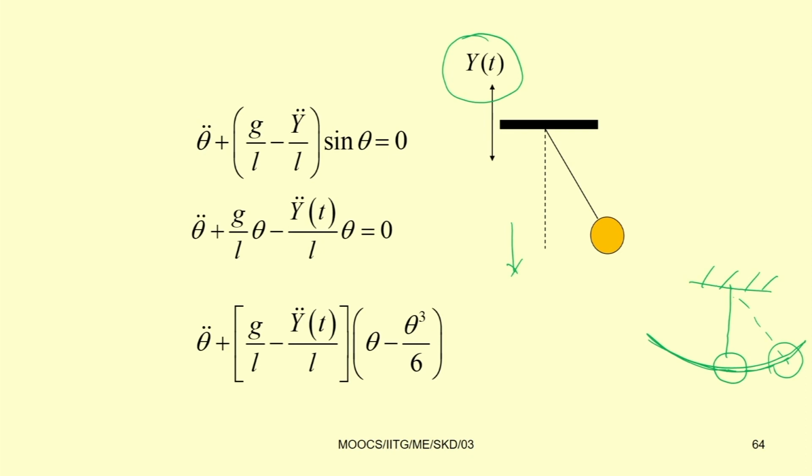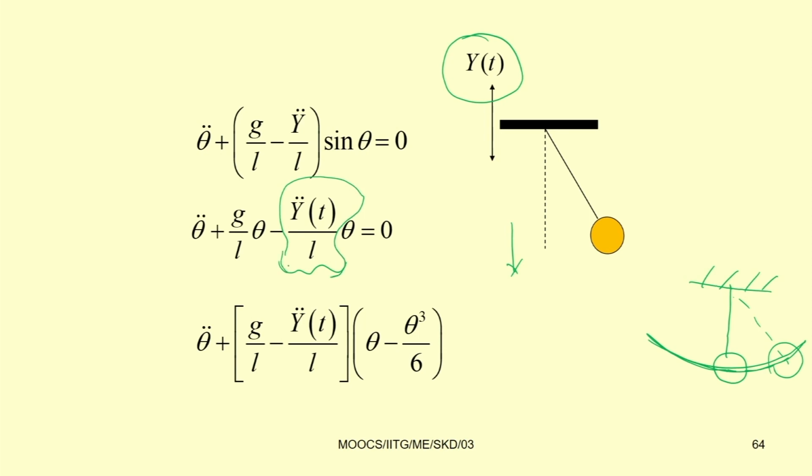So, this motion can be in the form of a periodic force or it is a function of time. When it is a periodic function of time, with the inclusion of this term, you can clearly see the coefficient of theta, that is the response, is a time varying term.